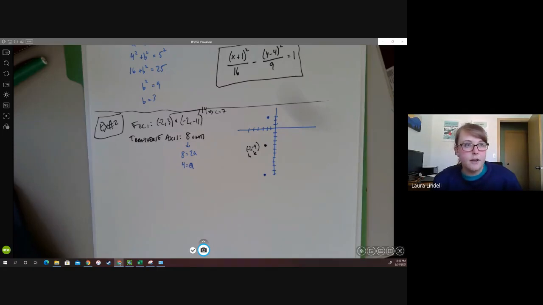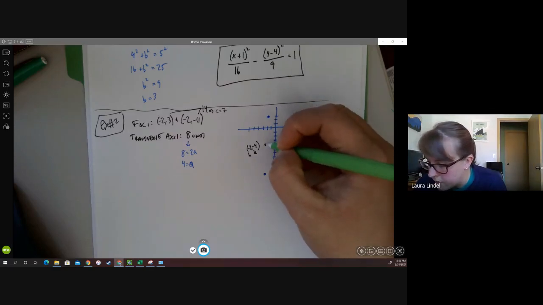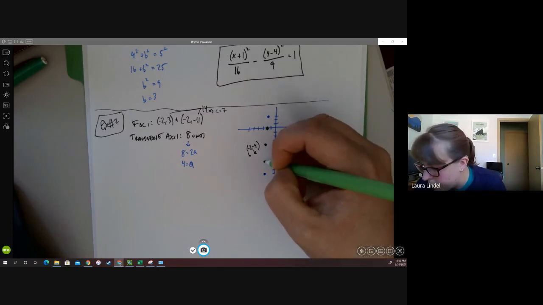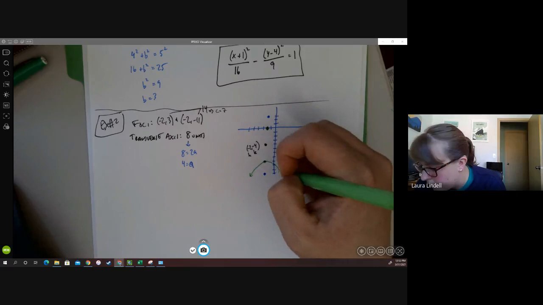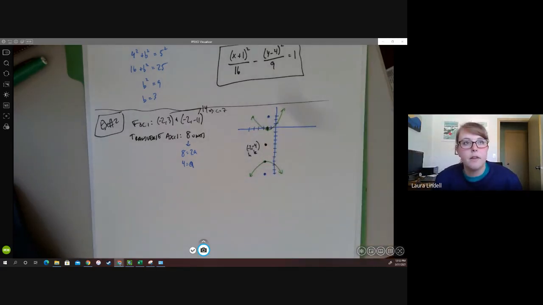Using that, I could find the vertices and make my graph a little bit better looking, because I would just have to go from the center up 4 and down 4. And then we know that our hyperbola is going to look something like that. We don't really need that because we weren't asked to graph it, but if you did, that's what we have.